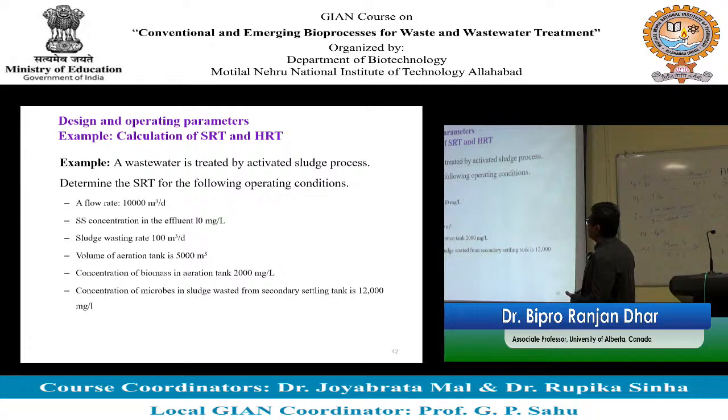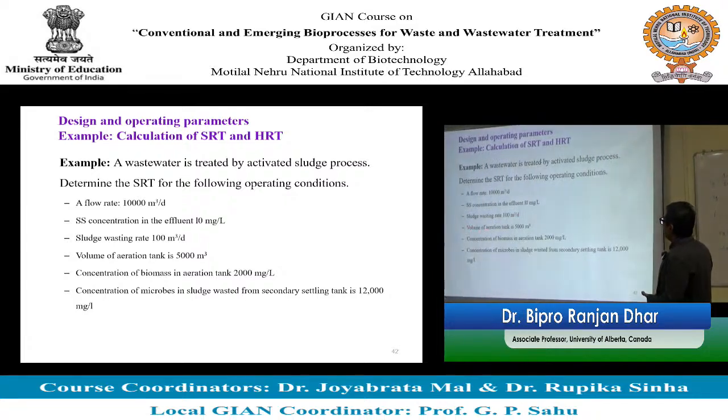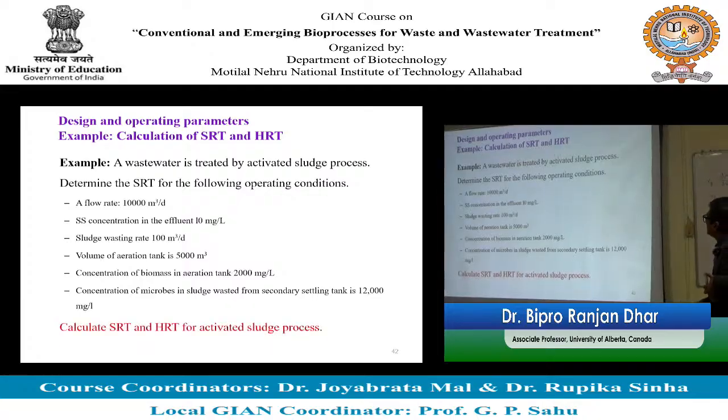Sludge wastage rate is 100 meter cube per day. Volume of aeration tank is 5,000 meter cube. Concentration of biomass in the aeration tank is 2000 milligram per liter, and concentration of microbes in the settled sludge from the secondary settling tank is 12,000 milligram per liter. So calculate SRT and HRT.